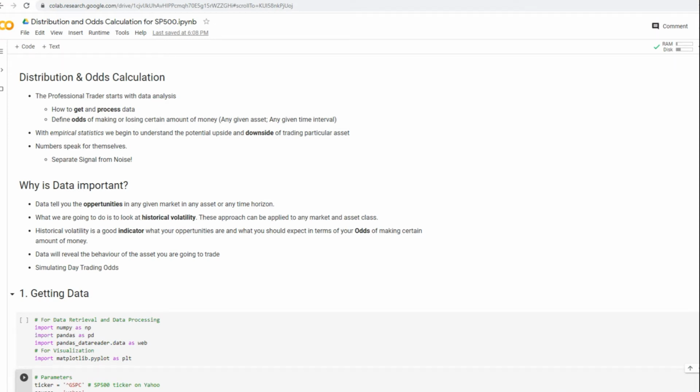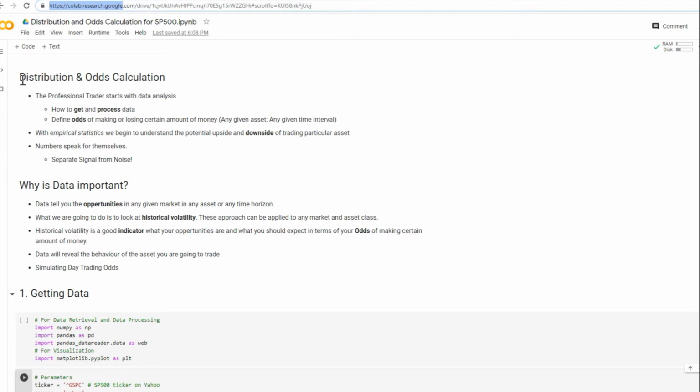Okay, now we are seeing the Jupyter notebook opened via Google Colab, as you can see in the link above. In this practical example, I want to walk you through a distribution and odds calculation, which I presented or gave you a bigger picture of in the introduction.